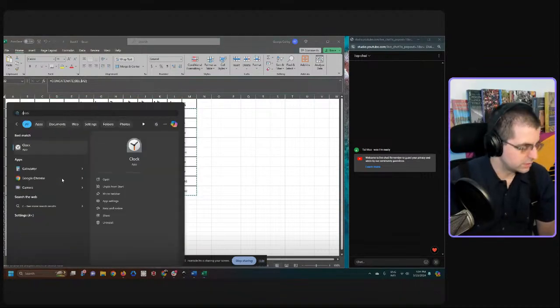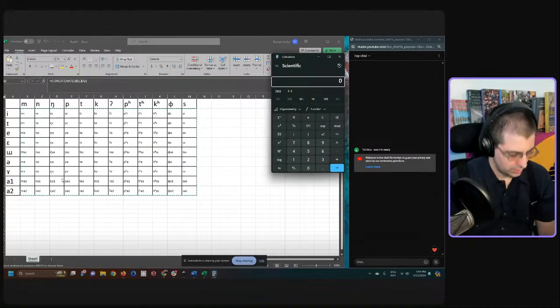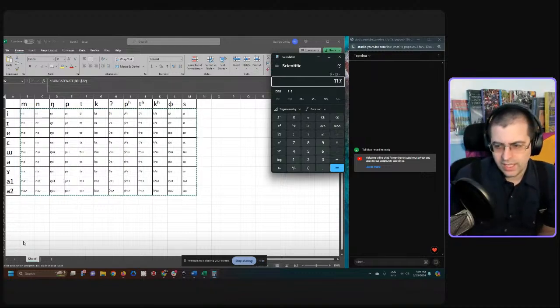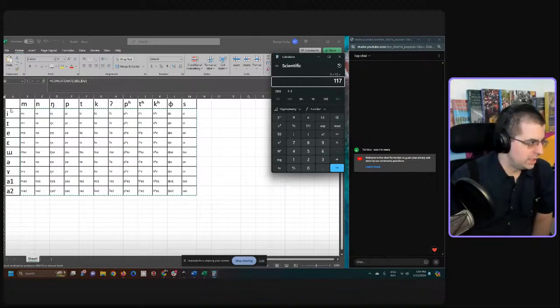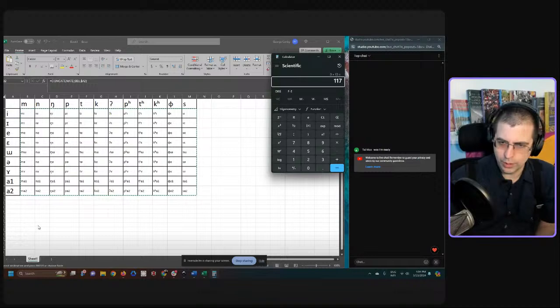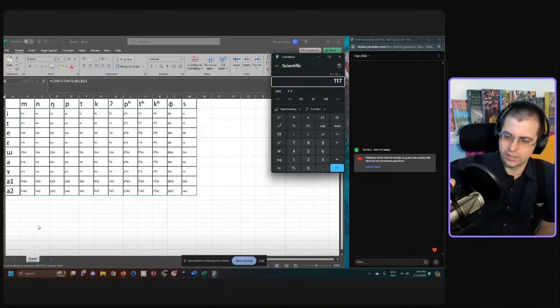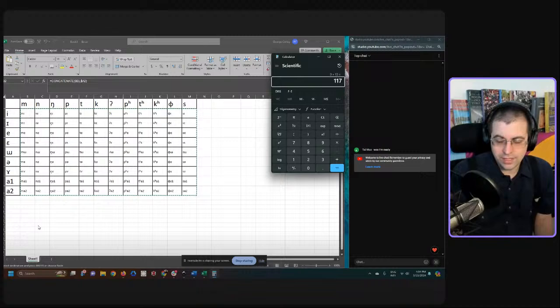So that means 9 times 13. So if we straight up did 9 vowels and 12 consonants plus an extra no onset character for all of the CV syllables, and this is not even taking into account that there are clusters in this language, then we would end up with 117 syllables.